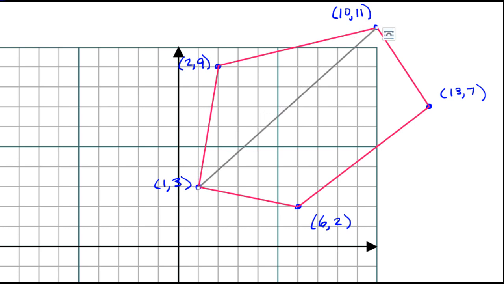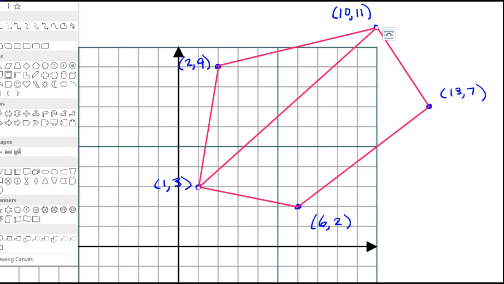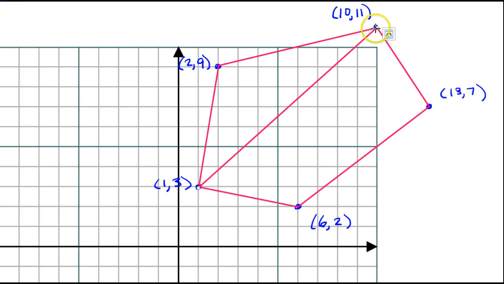So if I make a diagonal from vertex to vertex, alright, so I've formed a triangle there, and I'm just going to do that one more time again from vertex to vertex. Now I could have gone from this vertex to the other vertex, and it would have been the same area.